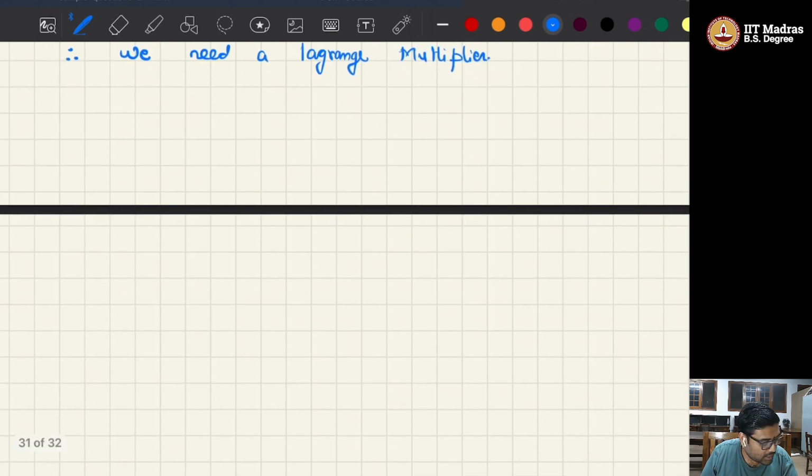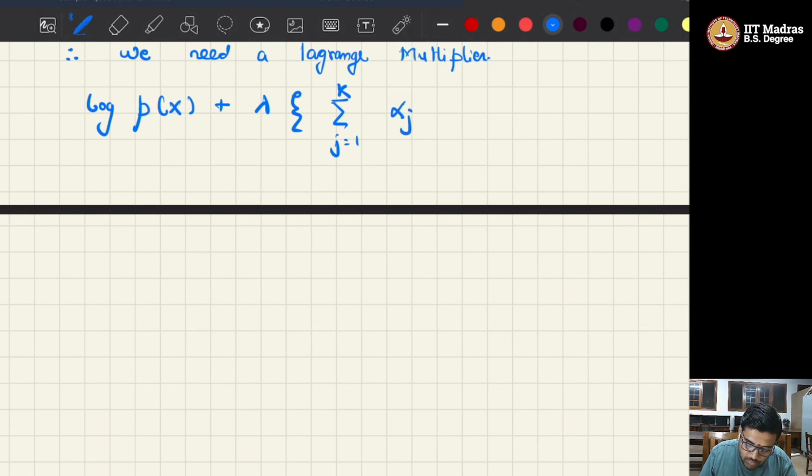Now when you add this Lagrange multiplier, your overall optimization function will be like this: lambda times the summation j equals 1 to k of alpha j minus 1. Now this will be your new optimization function. Let's call this L.